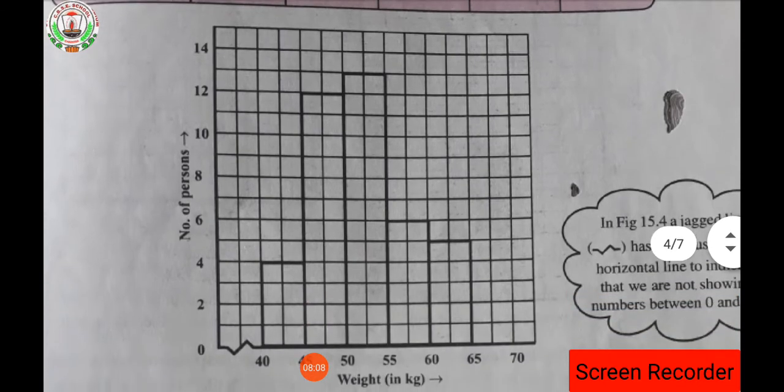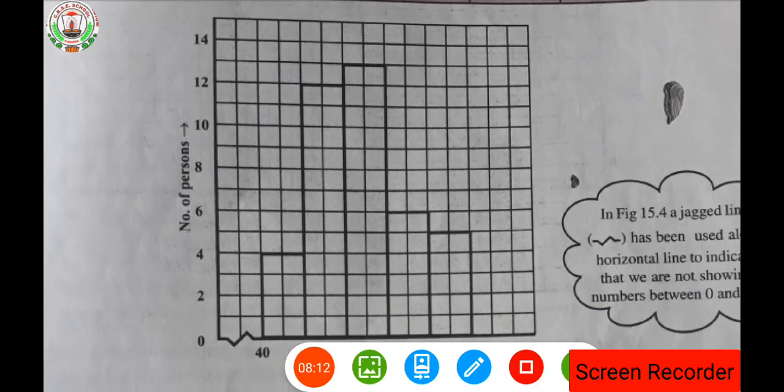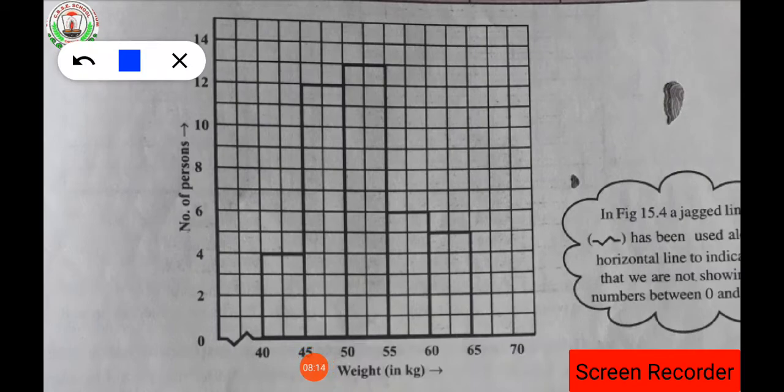Now look at the histogram. As I told you, due to the class interval, a zigzag path is being noted in the histogram. This is clear that while seeing this zigzag path we can say that this is a histogram, but in the bar graph or a double bar graph we don't have any zigzag path over there.